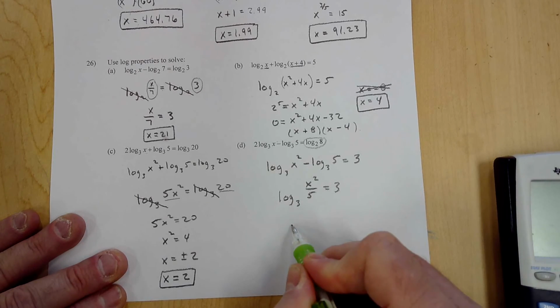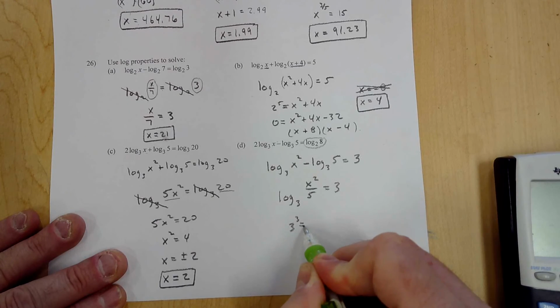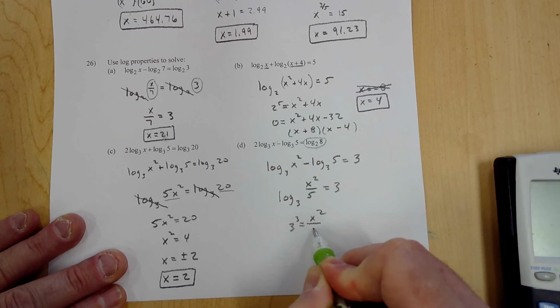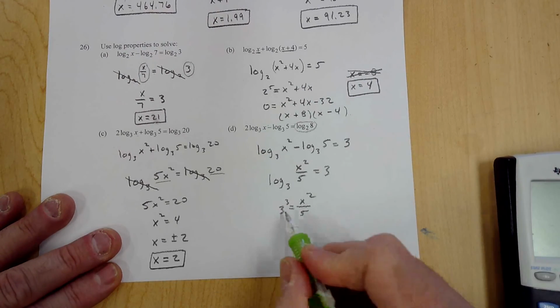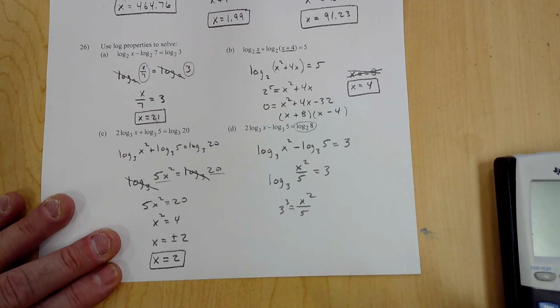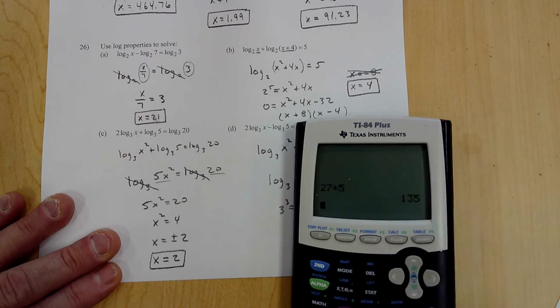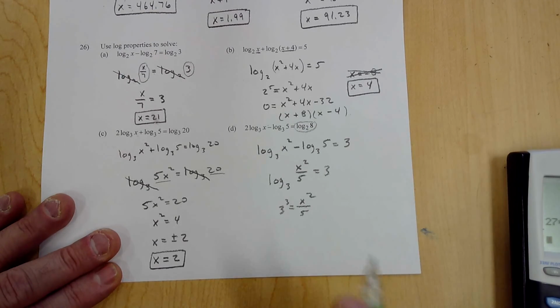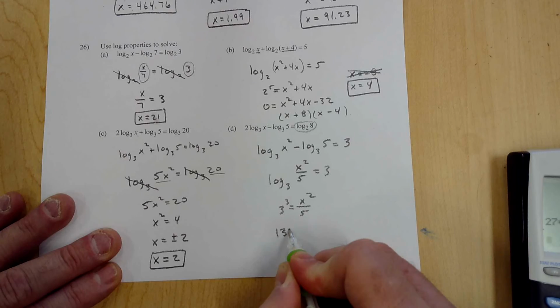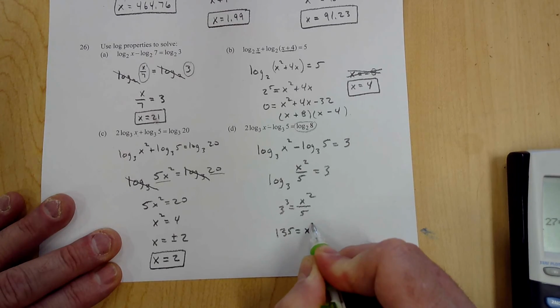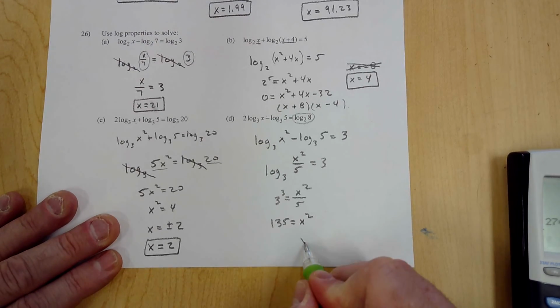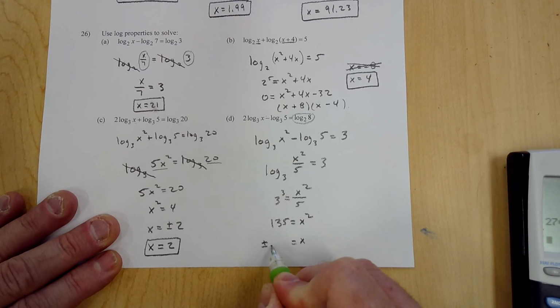This 3 to this 3, so 3 to the third power is equal to x squared over 5. 3 to the third power is 27. 27 times 5, yikes. 27 times 5, 135. 135 equals x squared. So x equals plus or minus the square root of 135.